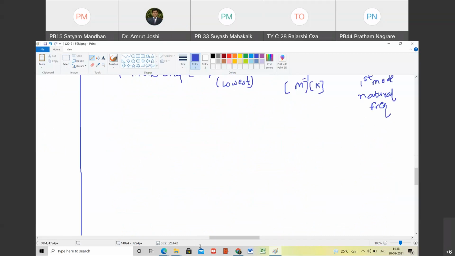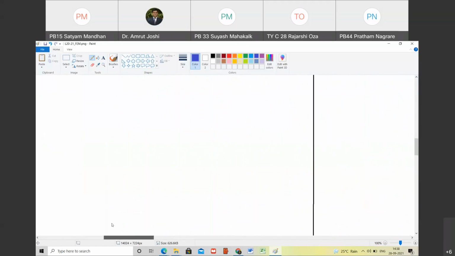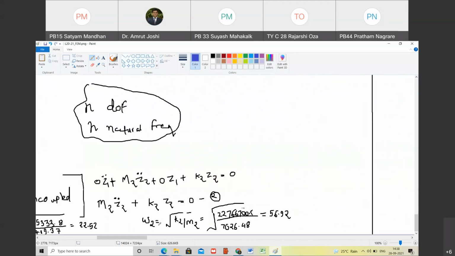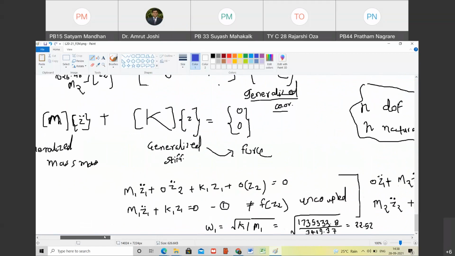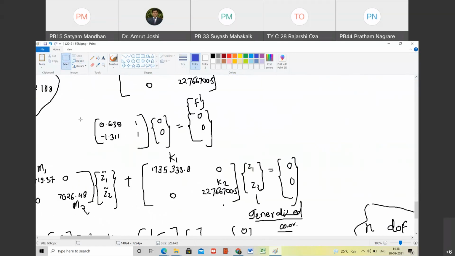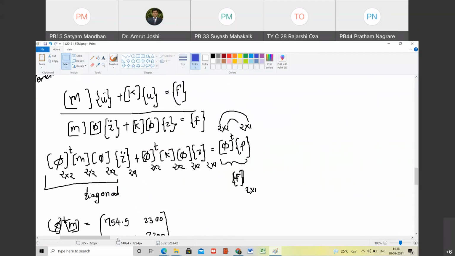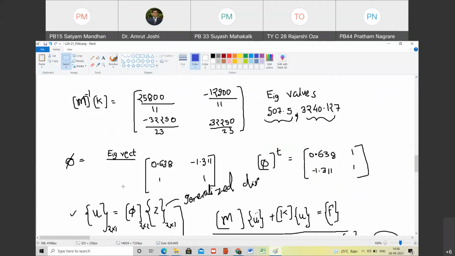चलो अब आगे चलते हैं. What is first mode shape and second mode shape? So let me bring phi matrix here once again in terms of numbers. So where is phi? This is phi matrix, right? Oh, no, this is not phi. The phi matrix. This is phi matrix.